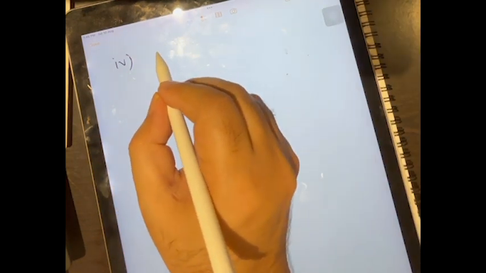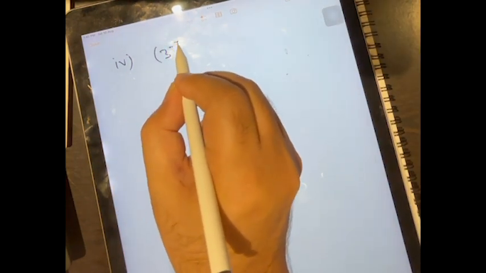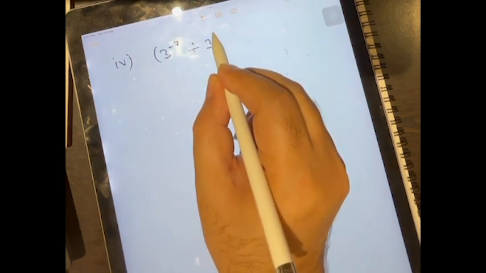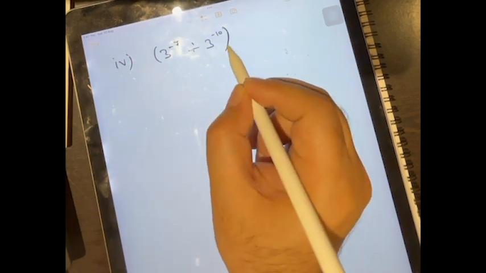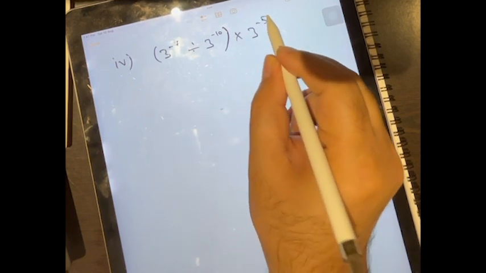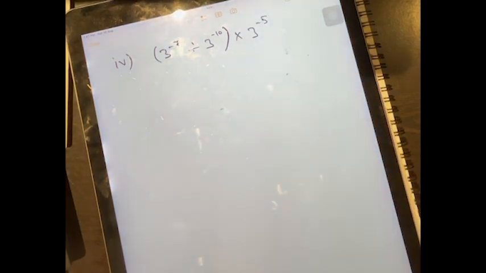Question number 4 says 3 raised to the power of minus 7 divided by 3 raised to the power of minus 10 multiplied by 3 raised to the power of minus 5. Again, we will have to apply more than two laws over here.